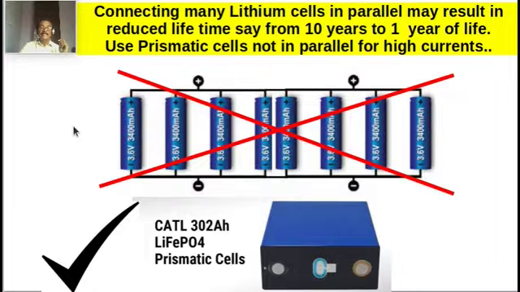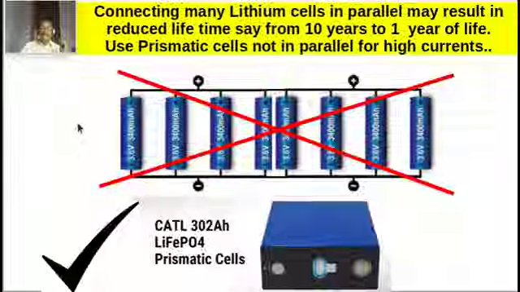So we saw that connecting in parallel has issues, particularly for lifetime. How to solve this issue, particularly when you want higher current? For example, for the electric vehicle, you need large power and large current. One solution is to go for what we call prismatic cells.